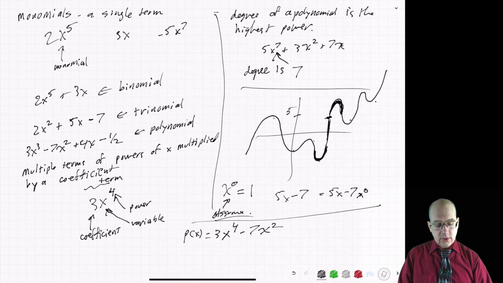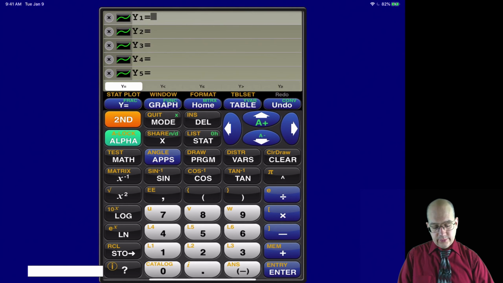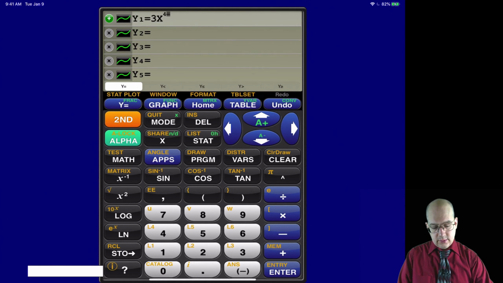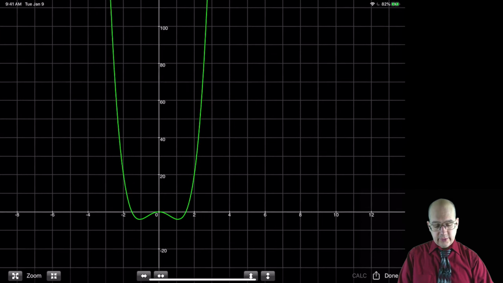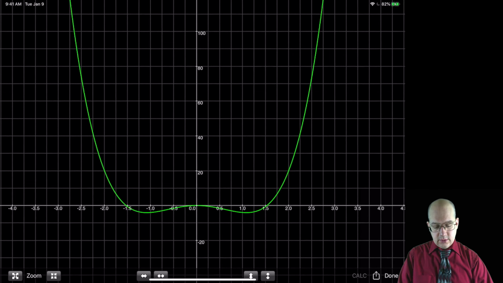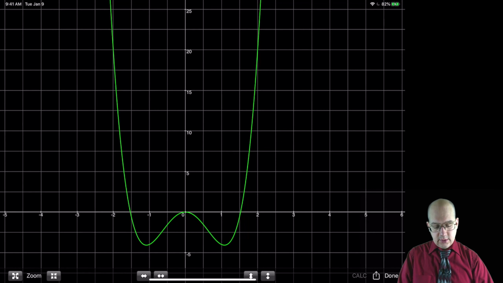Well, we may want to graph it, compute things with it. So this is what the graph looks like. This is symmetrical around the y-axis, so you can flip it because we just have even powers.